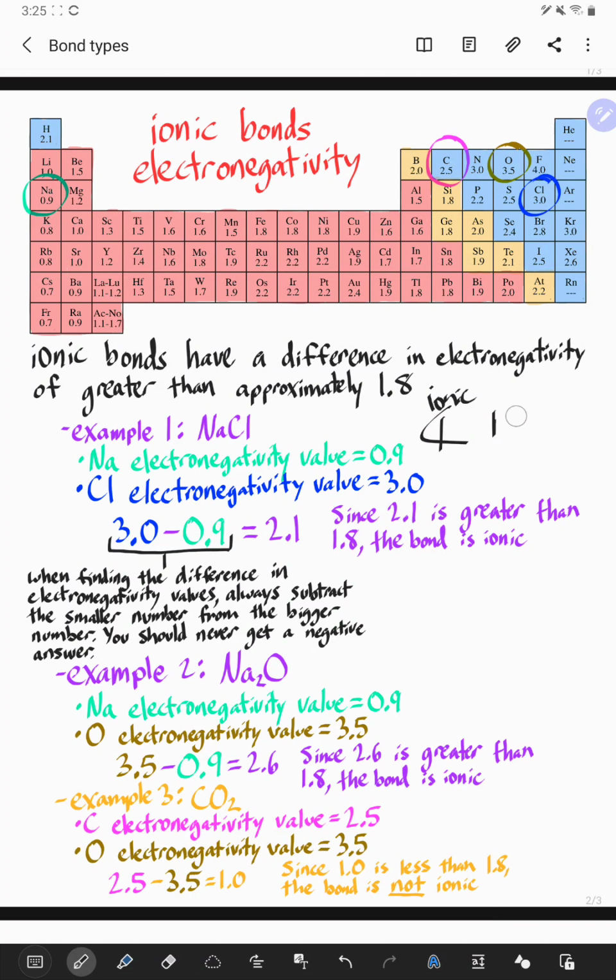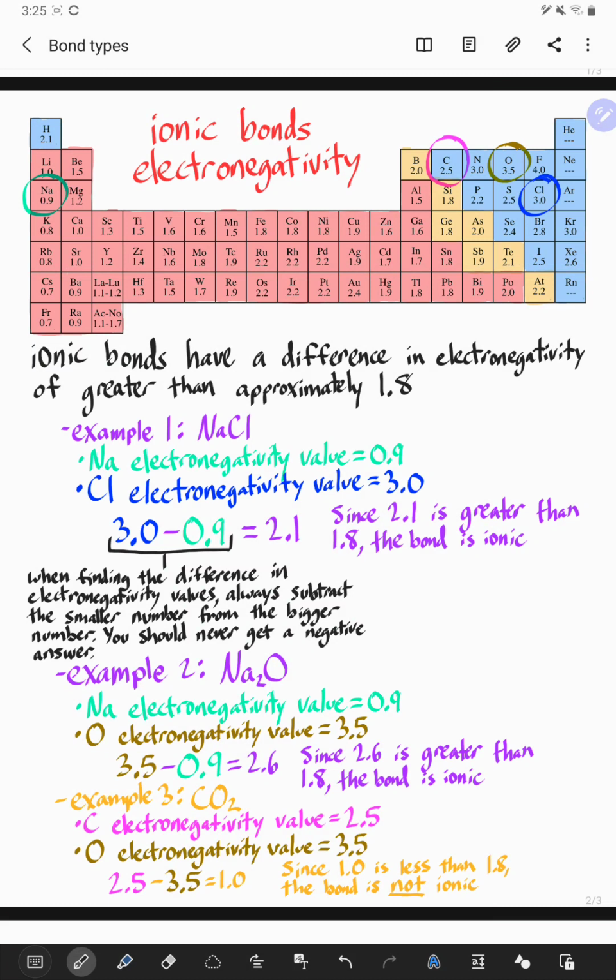So we're going to use this cutoff value of 1.8, and if a value is greater than 1.8, then we're going to say it's an ionic bond. If it is less than 1.8, we're going to say it's not an ionic bond, and it will probably be a covalent bond. But we'll talk about covalent bonds in another video. Today we're focusing on whether it's an ionic bond or not an ionic bond.